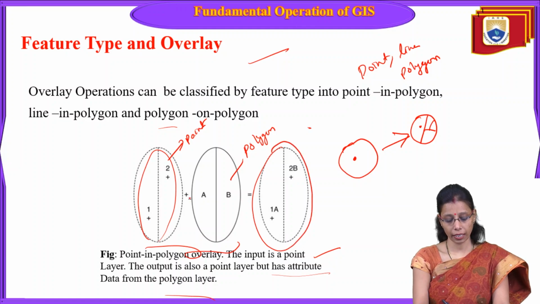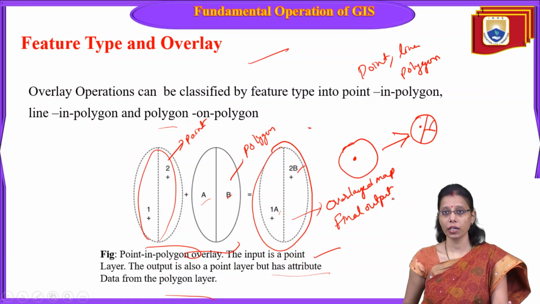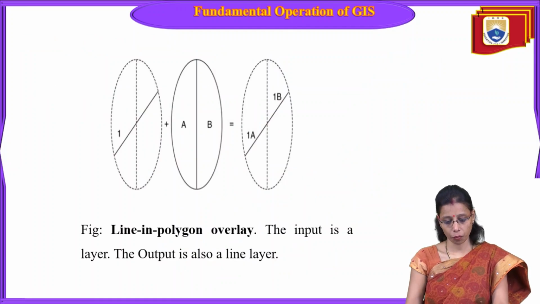Along with the polygon, you are getting 1 here, 2 here, A here, B here. Okay, so this is the overlaid map and final output. So this is how we can overlay in GIS. This is the operation we can do.